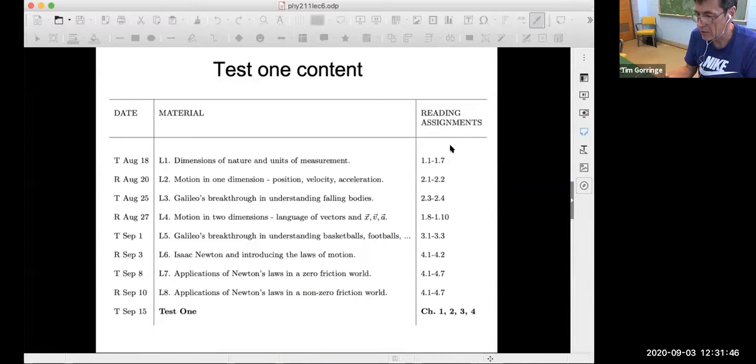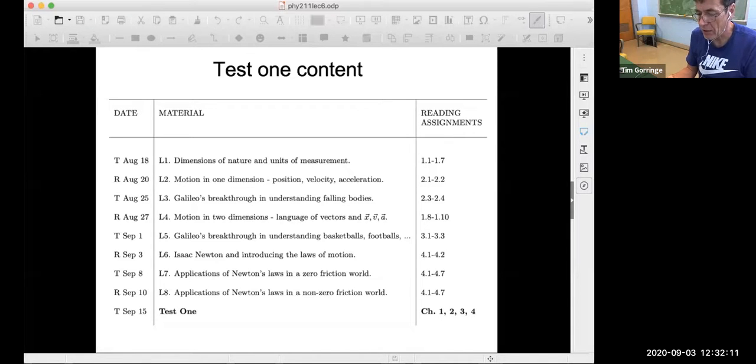Test one, so it's Tuesday, September 15th, is going to cover the material that we've covered in the 8 lectures up to that test. So it's going to cover our work on kinematics, describing motion in 1 and 2 dimensions.